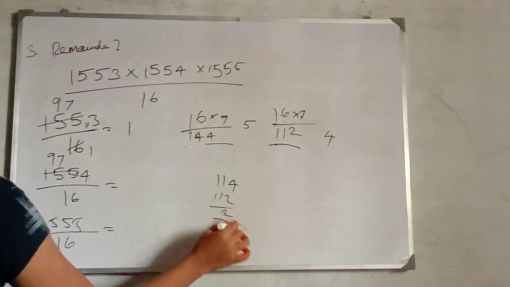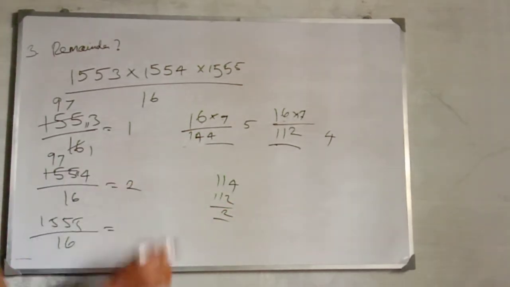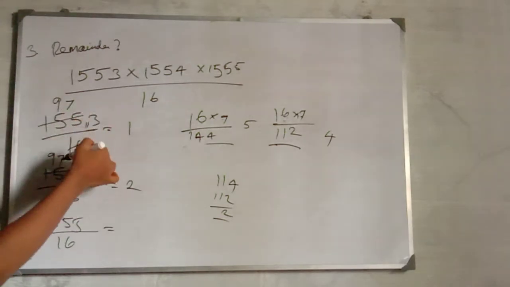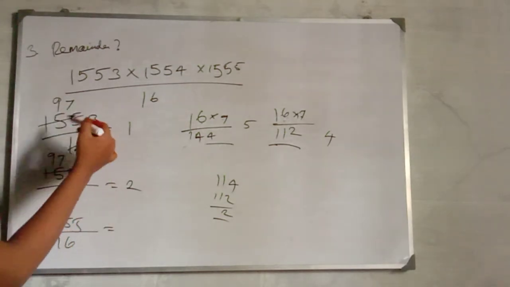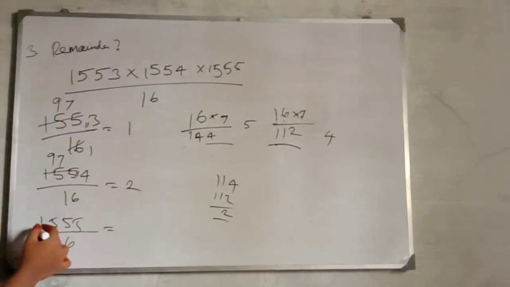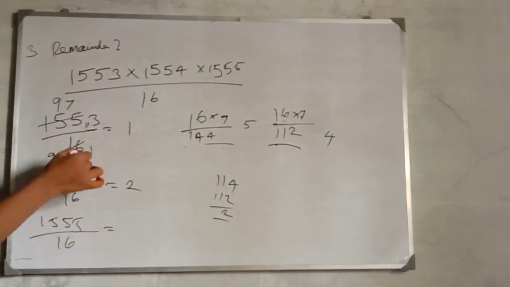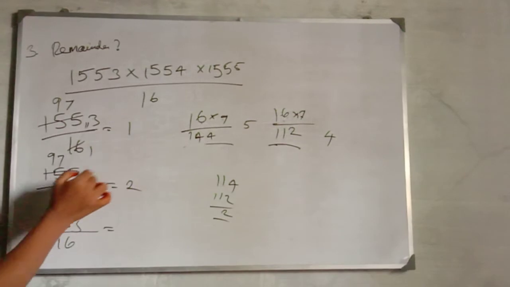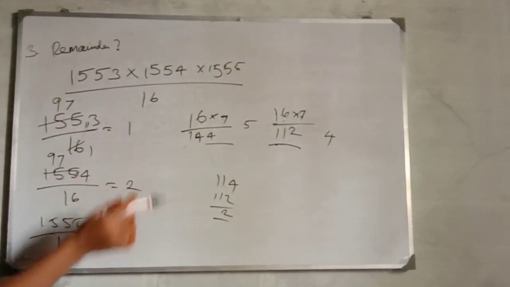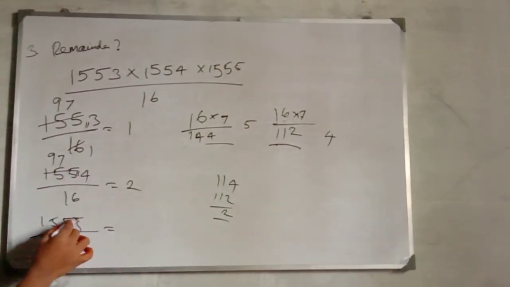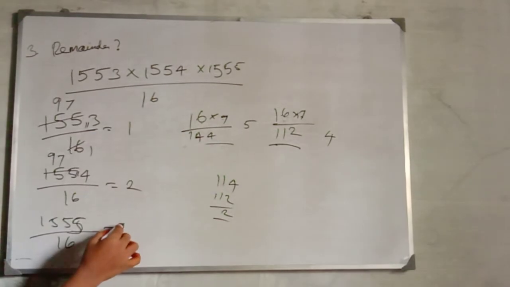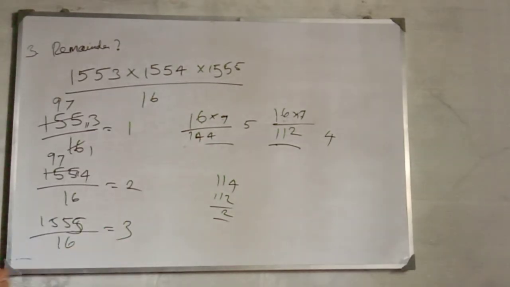The remainder will be 2. So here the remainder will be 2. These are the sequence numbers 153, 154 and 155. So here 1 is the remainder, for 154 the remainder is 2, and for 155 the remainder will be 3. We can check it now.